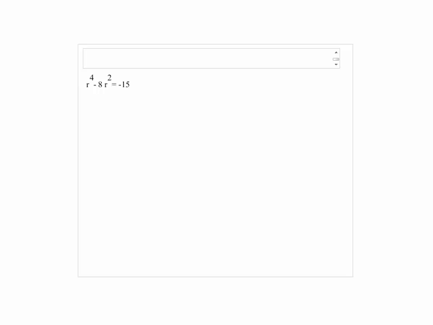Solve. R to the 4th power minus 8r squared equals negative 15. First, we're going to move the negative 15 to the other side by adding 15 on both sides. So we have r to the 4th power minus 8r squared plus 15 equals 0.